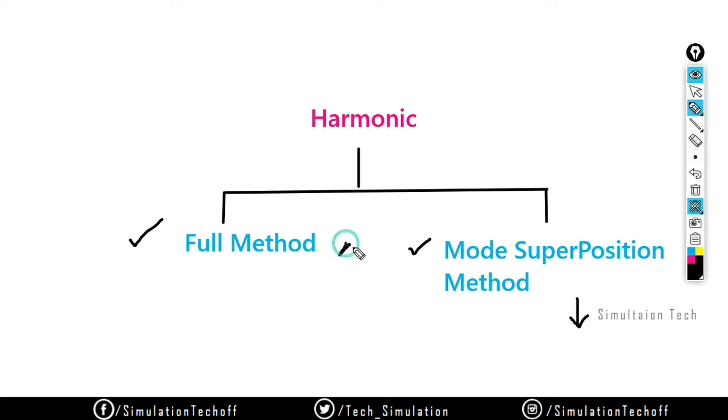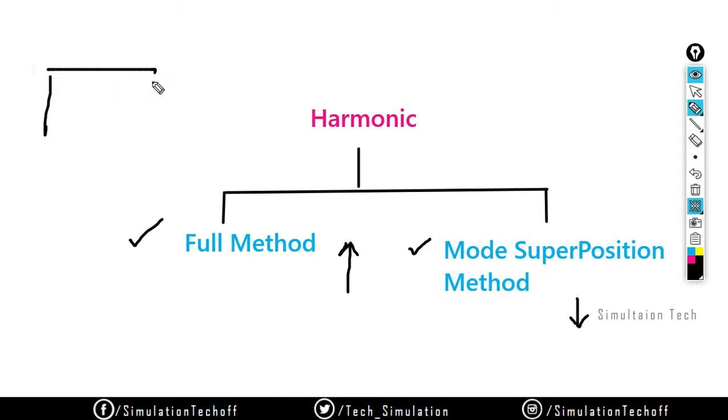Here you have more accuracy, so it depends on our case. If you have sufficient time to solve, you can always go for the full method. But if you don't have the time, you can go for the modal analysis. In some cases this situation may happen.